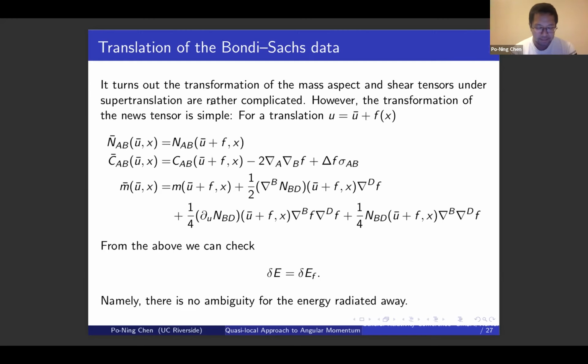For the mass aspect in the u bar coordinate system, again the leading term is the mass aspect computed at u bar plus f, and you have a bunch of terms coming from the news.